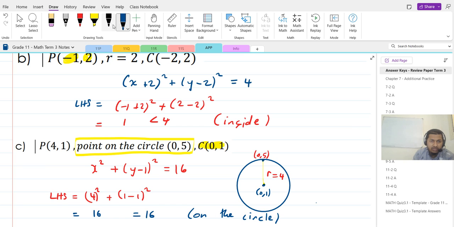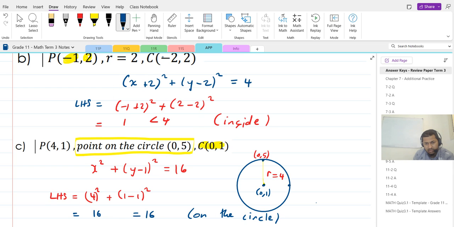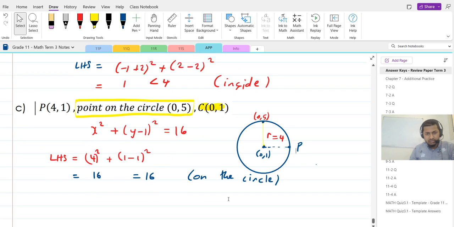It's somewhere around here, then, 0, 1. It makes sense, right? So this problem is also sorted out.